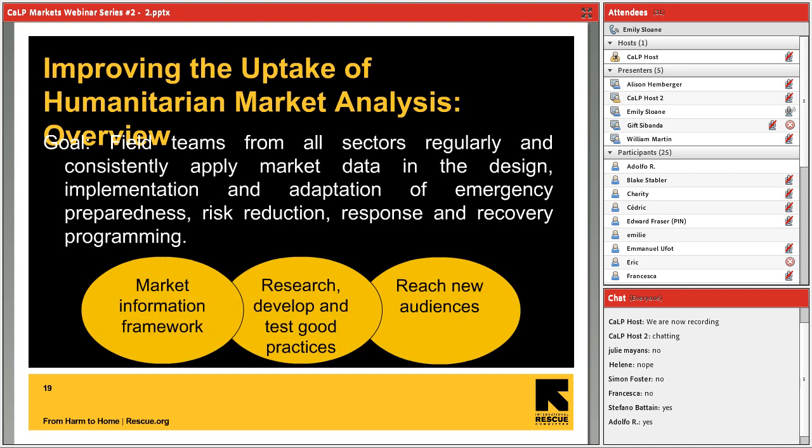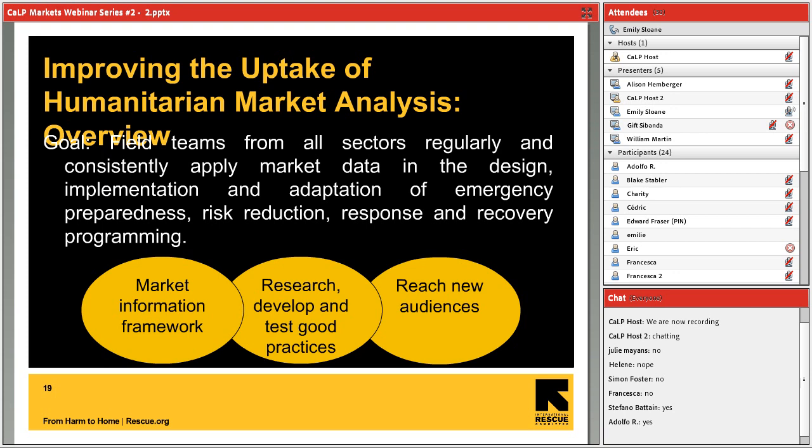So the project we're doing, apologies for the little blurb on the slide there, is called Improving the Uptake of Humanitarian Market Analysis, and essentially the main activities, which are in the circles below, are designed to tackle the reasons for the gap between theory and practice that I've just outlined. So I'll speak about two of the main activities in this project today.